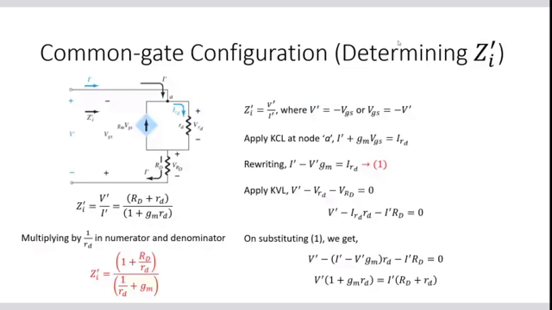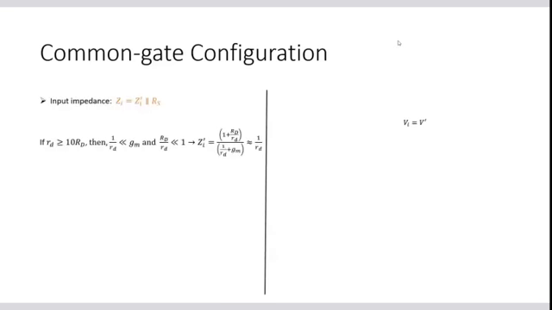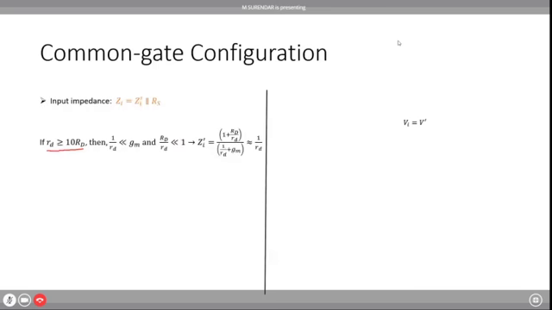We are approximating it. Consider that generally your small rd will always be greater than 10 times capital RD. Generally it will be greater than RD, but if it is 10 times greater than that capital RD, then we can replace this 1 by rd. Then we can rewrite this Zi prime equation like this.